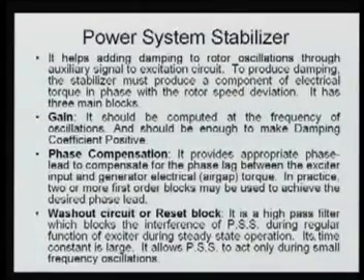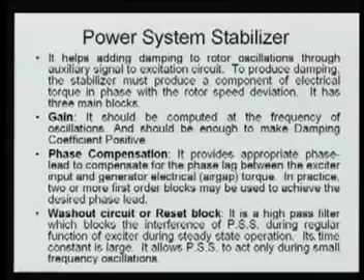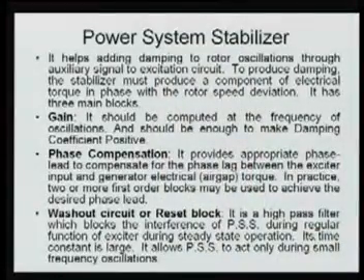Now normally to damp out the power system oscillations, which are always present in the power system, we use power system stabilizers. Power system stabilizers are very useful for improving the dynamic stability of the system. They help add damping to the rotor oscillations through an auxiliary signal to the excitation circuit.